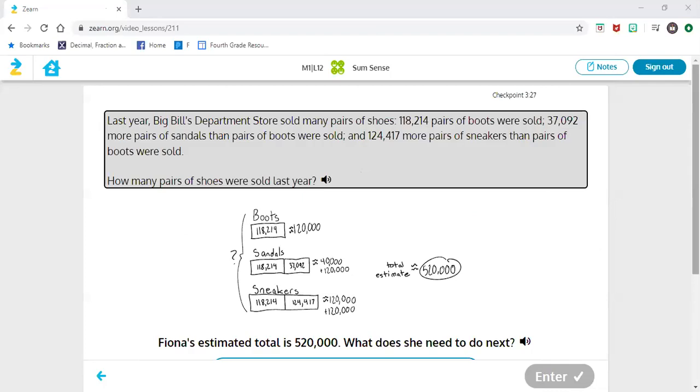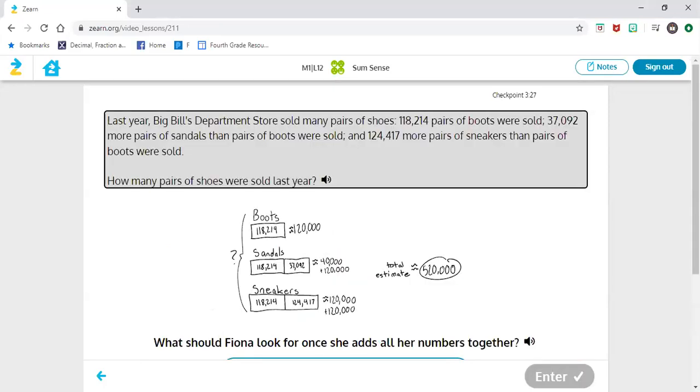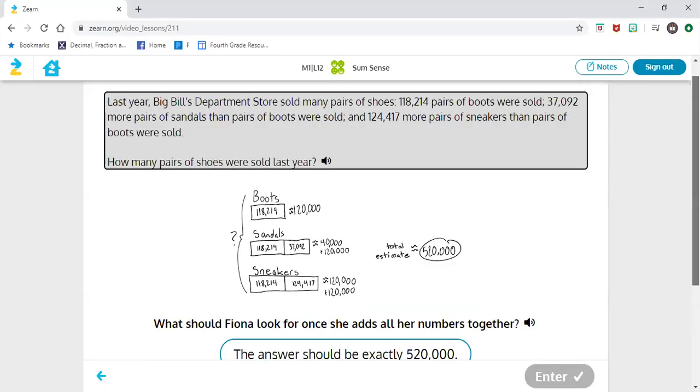Okay. What do we need to do next? We estimated this is how much. So what do we need to do next? We have to find the actual number, the total of the actual sales. We have to know the exact number because we estimated.